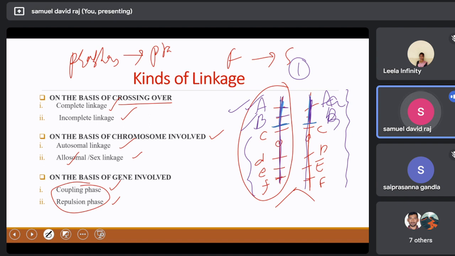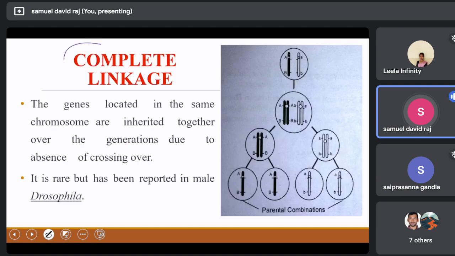Then that is called complete linkage, because all the genes present on the same chromosome are inherited together in the same original combination as being present on the same chromosome. But this is not happening here, because there is a phenomenon called crossing over. So when there is crossing over, the genes are not inherited together. When the crossing over is absent, they are inherited together, and this is called complete linkage.